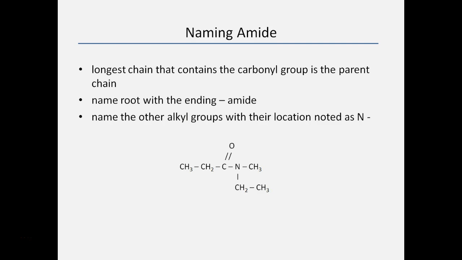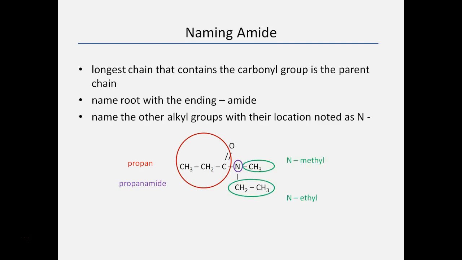Again, like before, my longest chain is the chain with the carbonyl group, and the other carbon chains that are potentially attached to the nitrogen are denoted as side chains, and their location is stated as N. Here I have a 3-carbon root because it has my carbonyl group. Because it's an amide, propanamide, I don't have to state the location because it's assumed to be on carbon number 1. Then I have 2 other alkyl groups attached to it, one a 1 carbon and one a 2 carbon. Since they're both attached to the nitrogen, they are N's, and then I just put the name together.